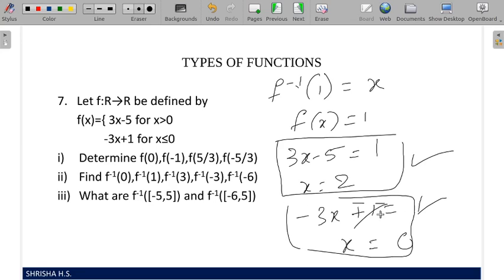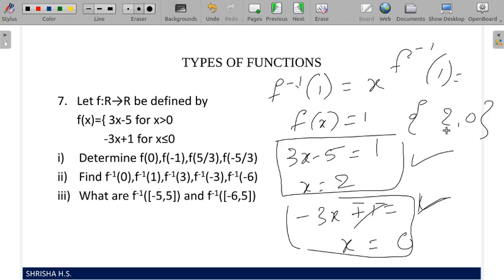So x has a valid value at 0 and also at 2. So f inverse of 1 is 2 comma 0.